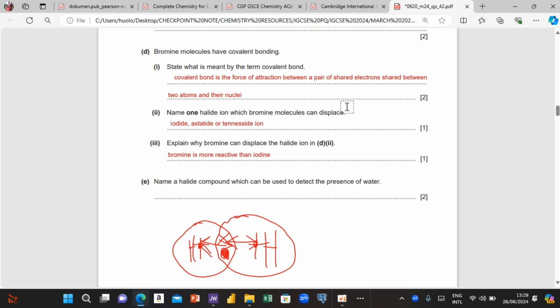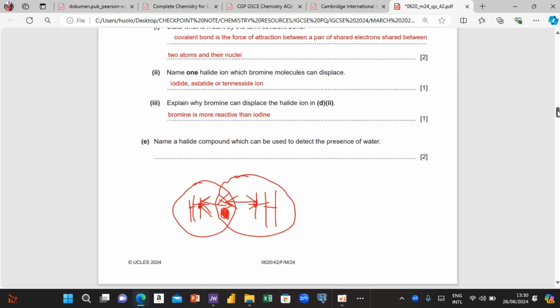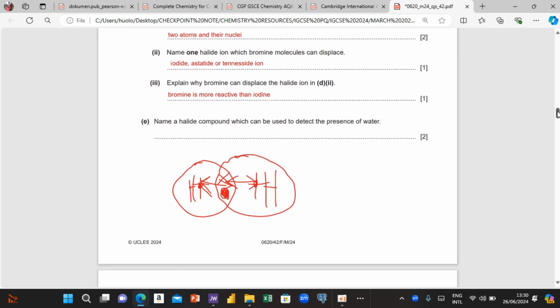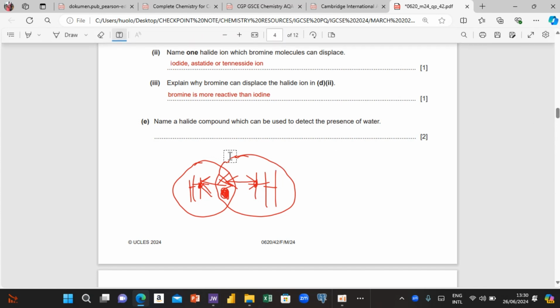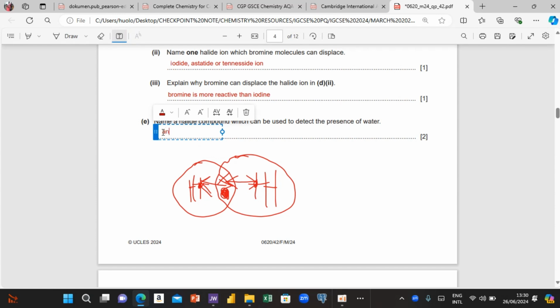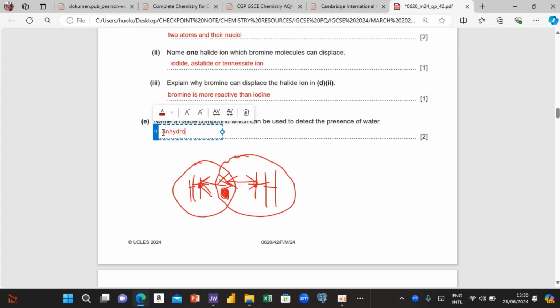Now the E: name a halide compound which can be used to detect the presence of water. Now, there are two compounds that can be used to detect the presence of water, and both of them have to be anhydrous, not the hydrated salts, but the anhydrous salts. So we are talking about the anhydrous salts of cobalt.